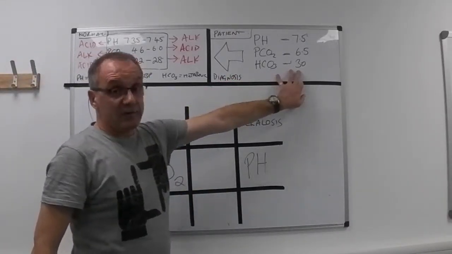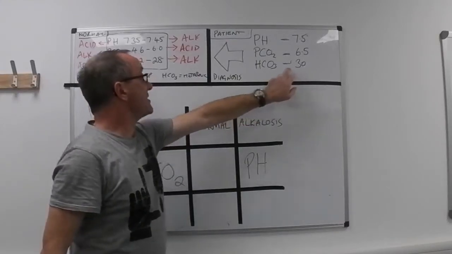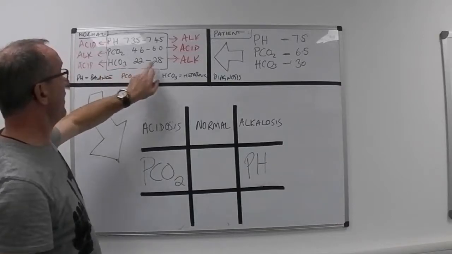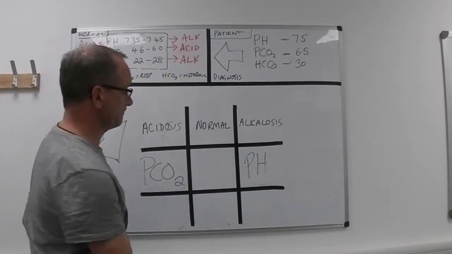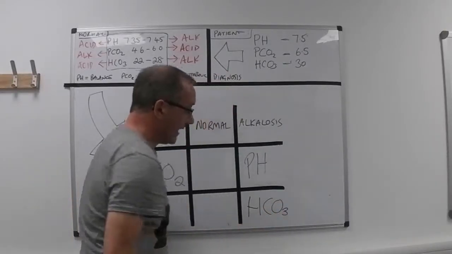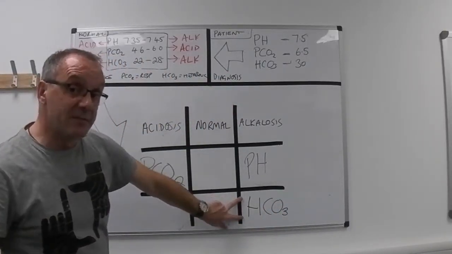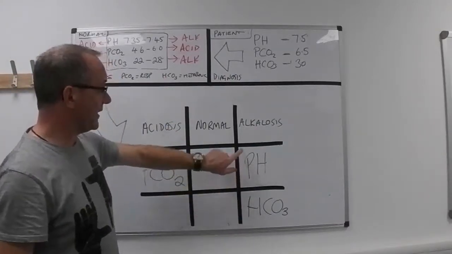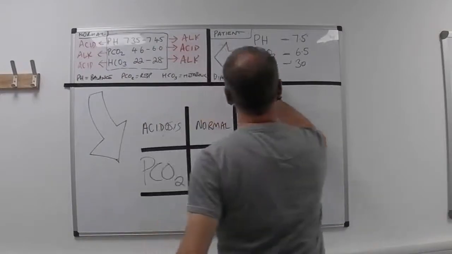But we've got to look at the bicarbonate again. And in this case, it's 30. We compare it to this, and we see it's above the 28 for the bicarb, which makes it an alkaline. So we put the bicarbonate in there. Now we know this is a metabolic, because we've said that with the bicarbonate, it's metabolic. Metabolic alkalosis.